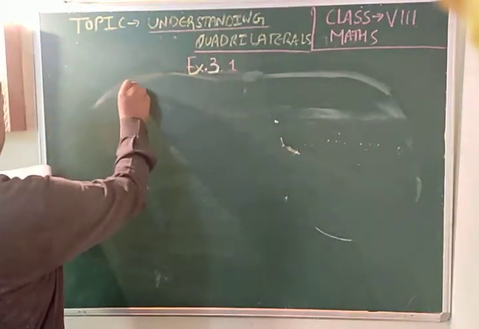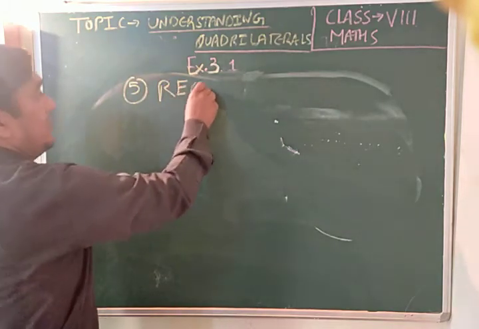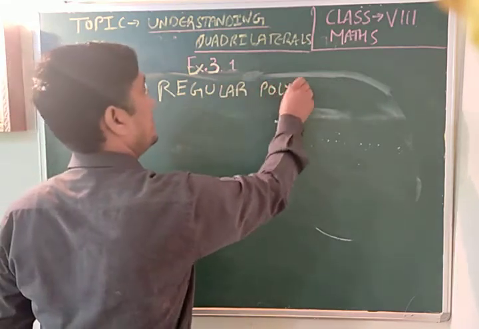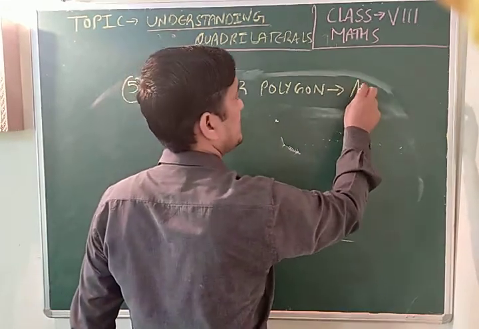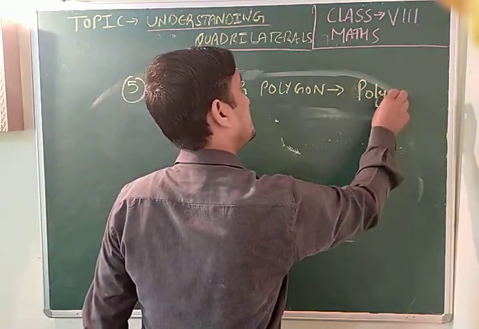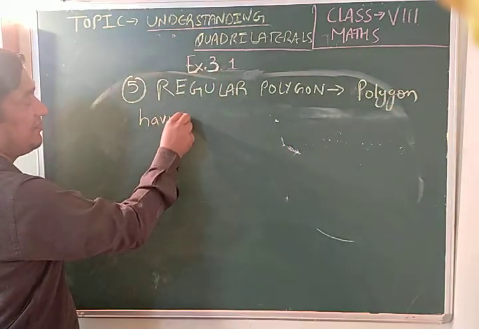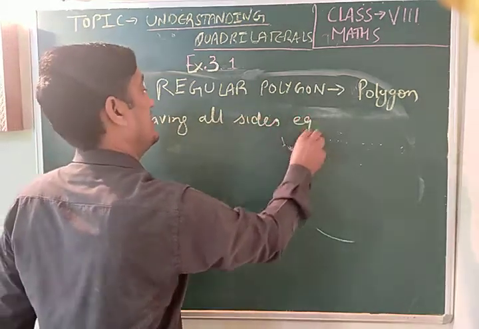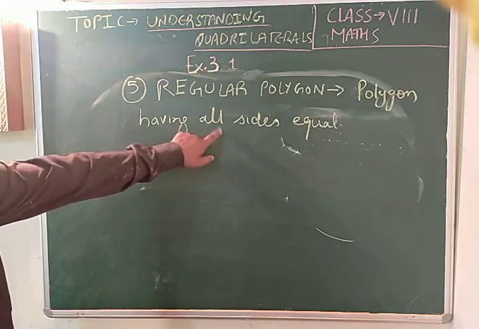Regular polygon, question number 5. A regular polygon means a polygon having all sides equal.